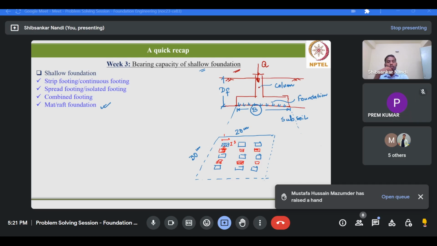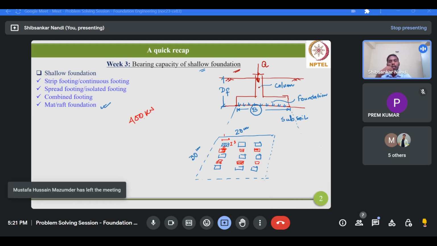Yeah. So let me explain from this point of view. Suppose in a superstructure there are 20 columns. Each column gives the same amount of load, suppose 400 kilonewton passing through each column. Again, the subsoil is of the same nature.